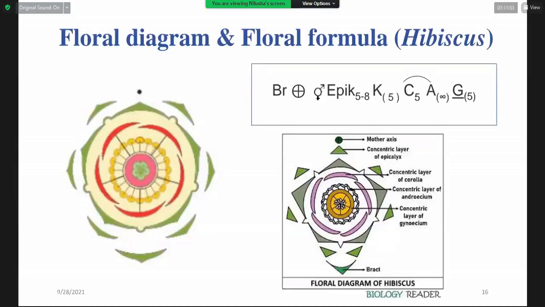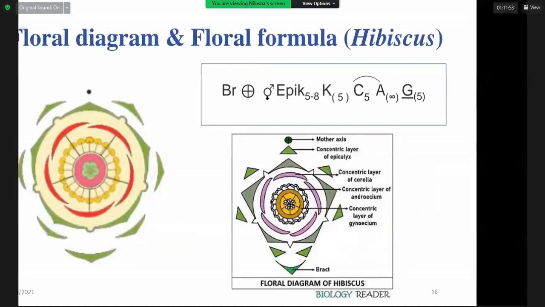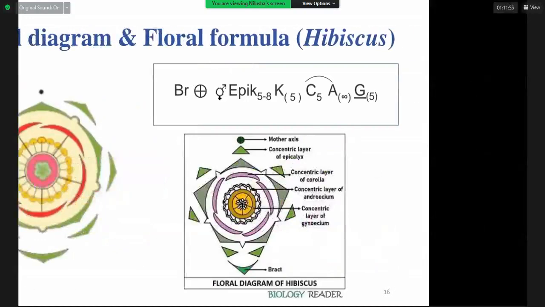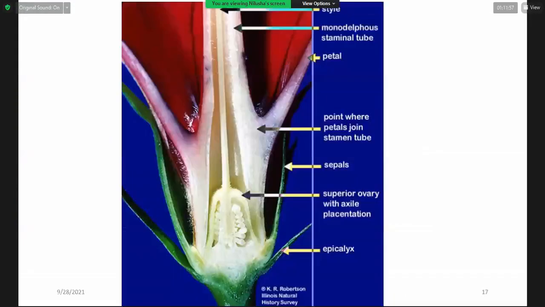That means you can see here that the petals join to the staminal tube. In this cross section, you can see the style and the monodelphous staminal tube.